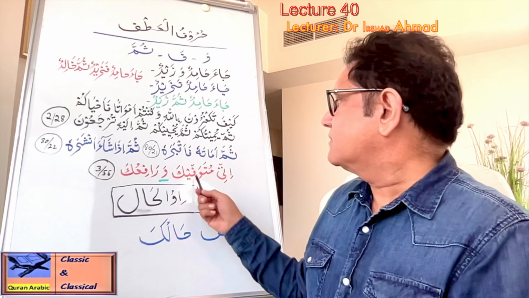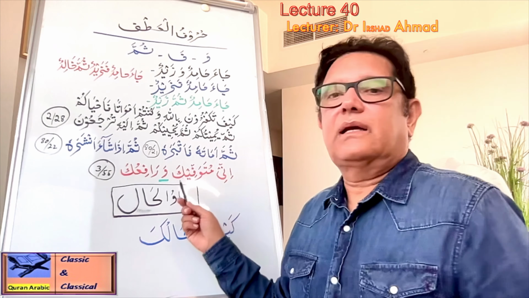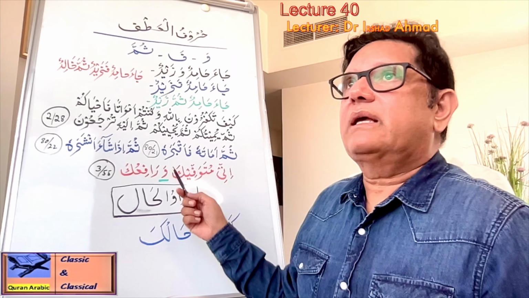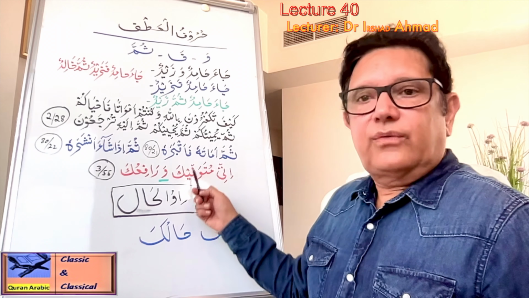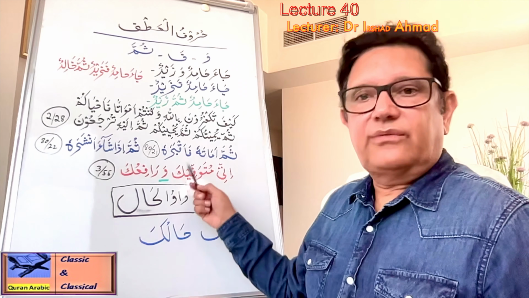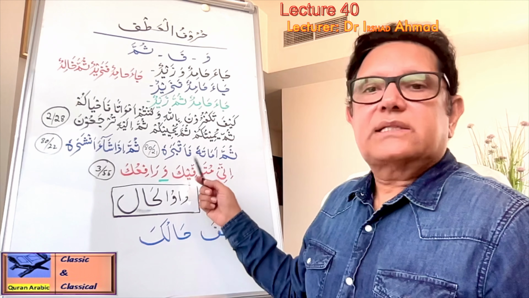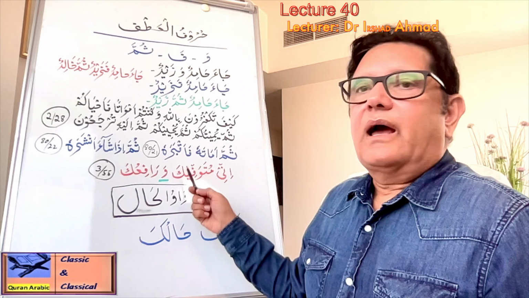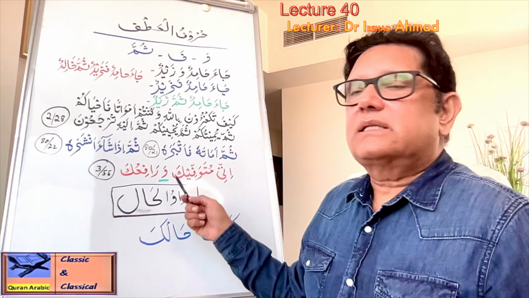When it comes to this form of the word, the verb, then the meaning changes in a way that to take fully, to receive fully, or it also means to make someone die, and also it is used as intransitive, to die.